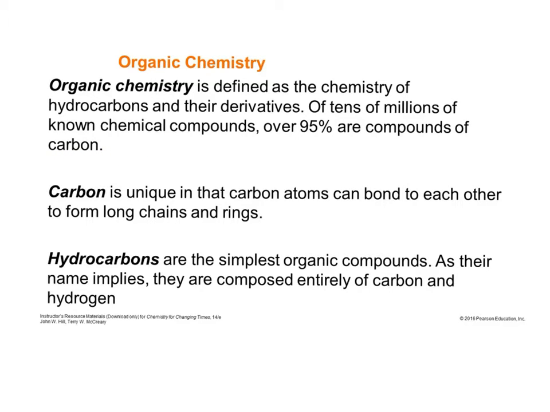My definition I gave you on the other slide was better. Organic chemistry is the study of hydrocarbons. So what's a hydrocarbon? A hydrocarbon is the simplest of the organic compounds. As their name implies, they are composed entirely of carbon and hydrogen.